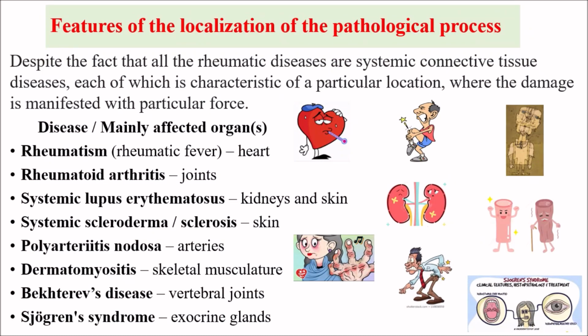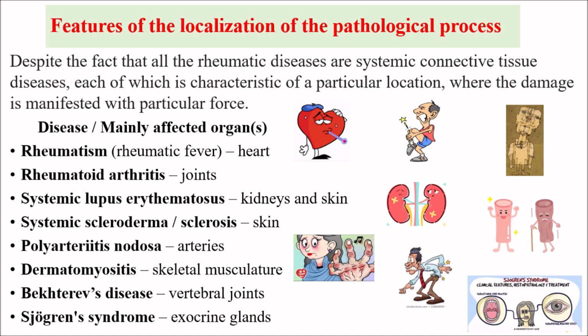Features of the localization of the pathological process. Despite the fact that all the rheumatic diseases are systemic connective tissue diseases, each of them has a characteristic location where the damage is manifested with particular force.